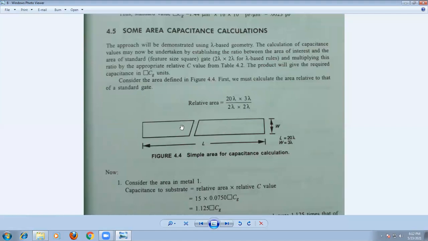If it is metal, or if it is polysilicon, the capacitance to substrate is what we want. Like this, we are going to calculate the layer capacitance, the value of the capacitance associated with this layer.